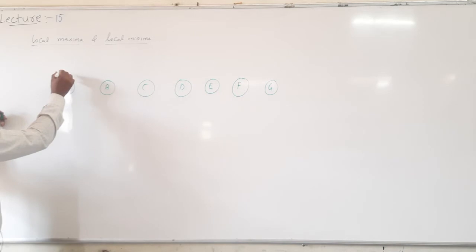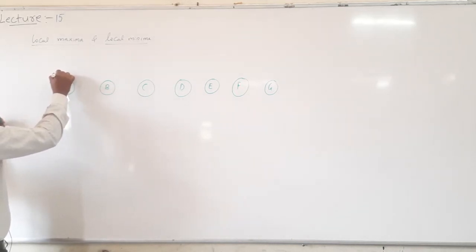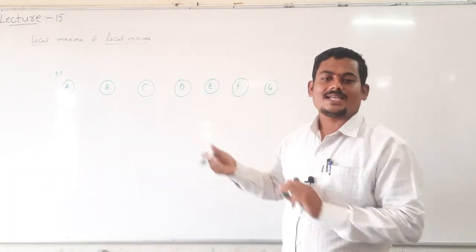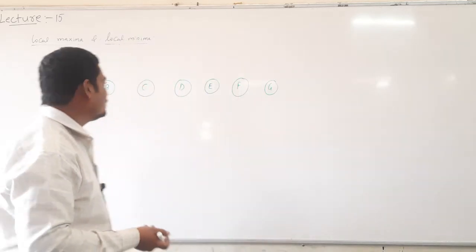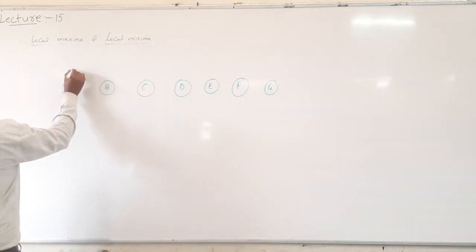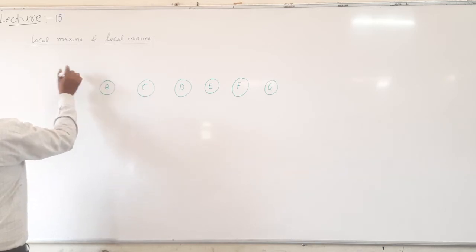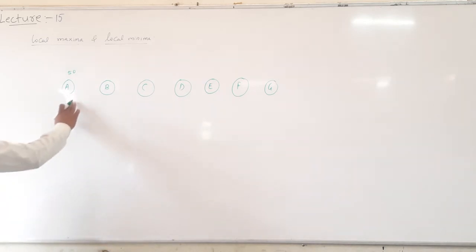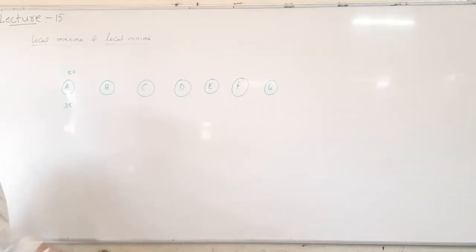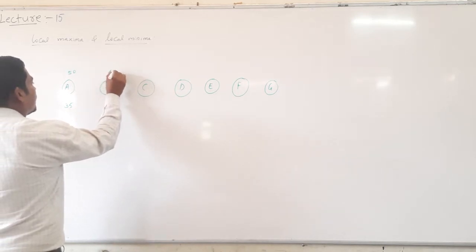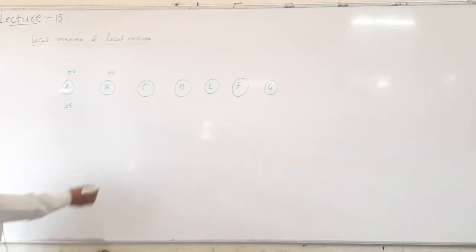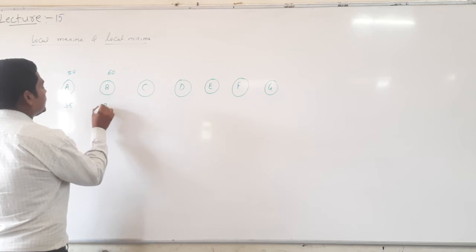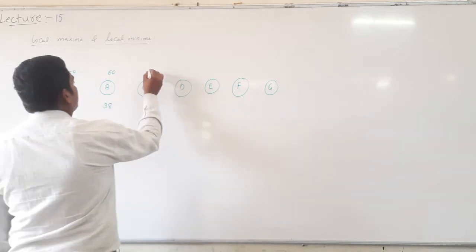In A section, assume that the highest result is 50 and the lowest may be 35%. In B section, highest percentage 60 and lowest 38%.